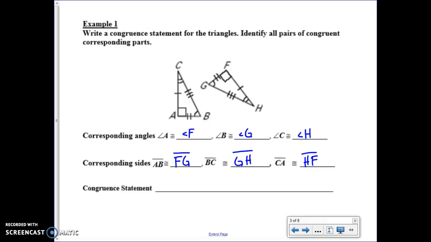So our congruent statement, this is a new term and it's a term that you need to know. Our congruent statement is when we match up all of those, then we can say that two triangles are congruent.